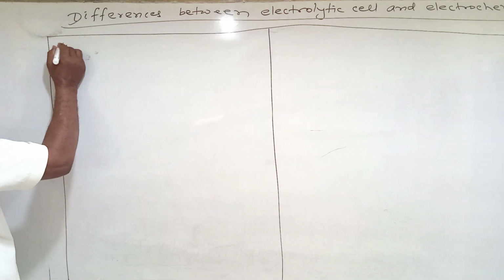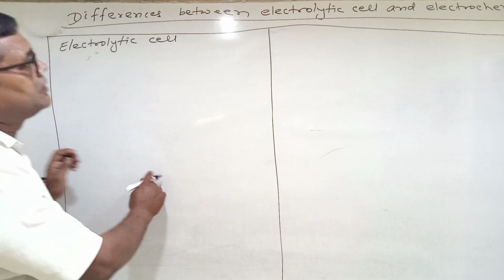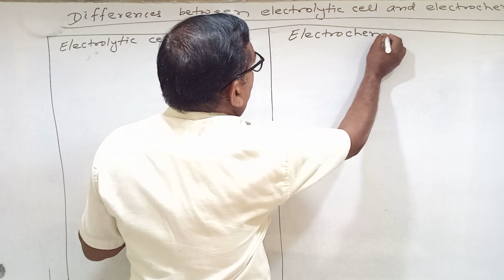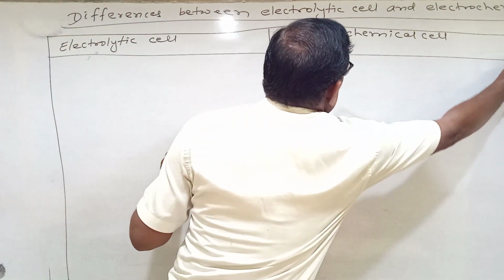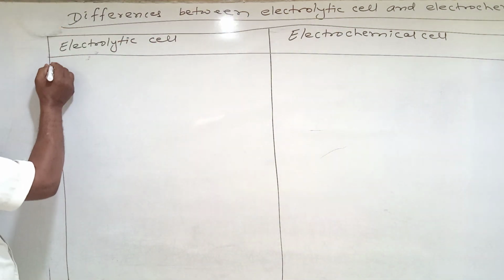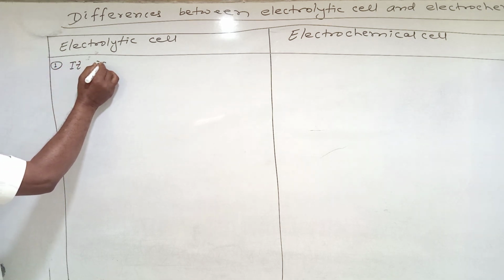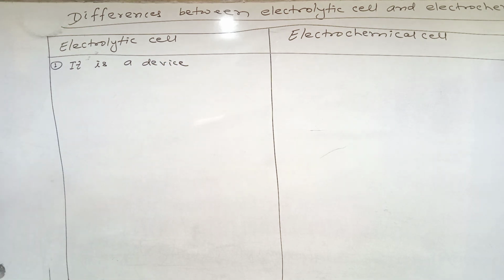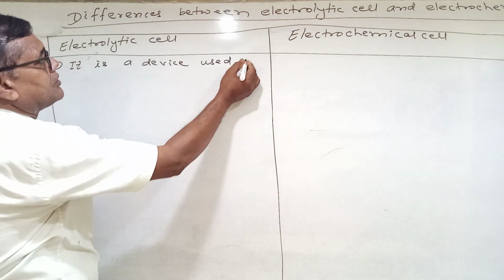Here we write electrolytic cell. Here we write electrochemical cell. We write the first difference.